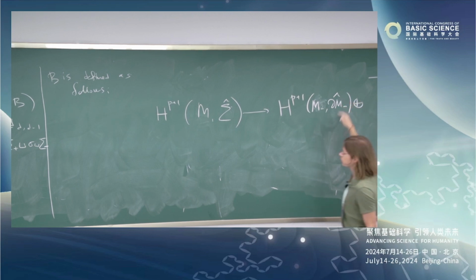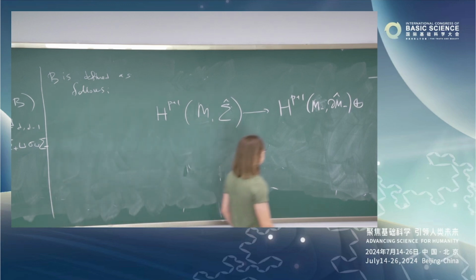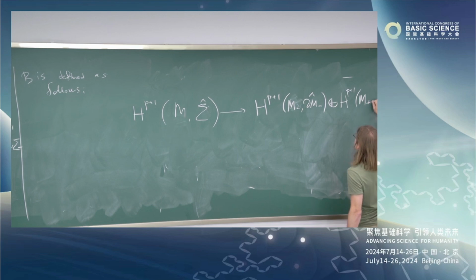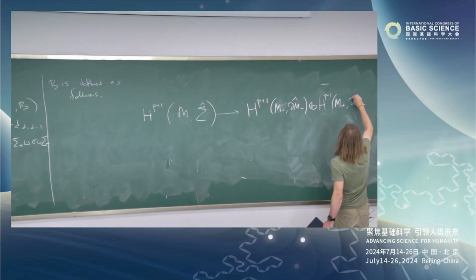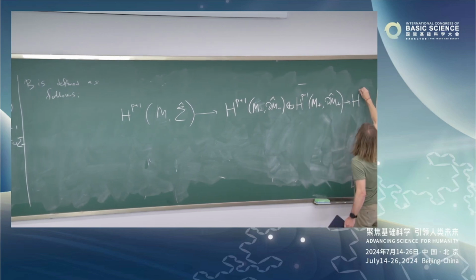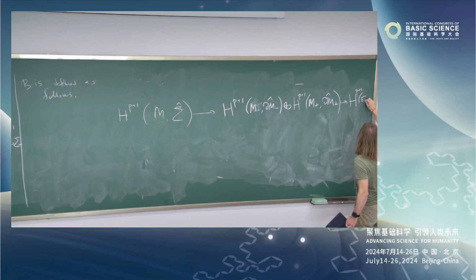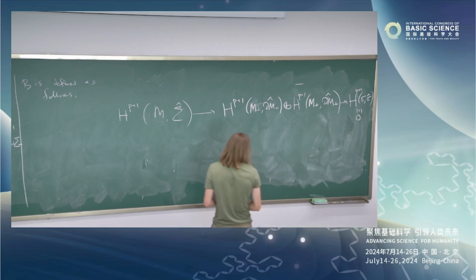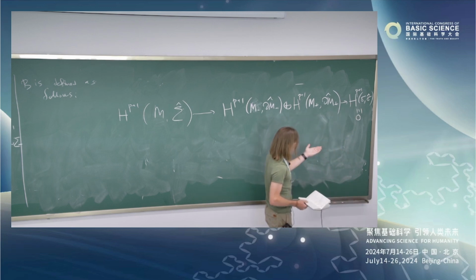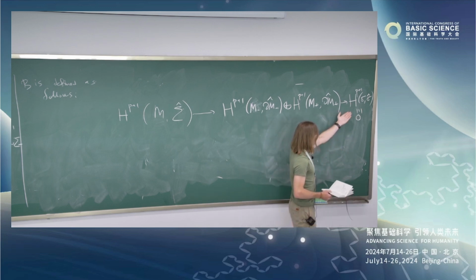Here, hat means I remove the skeleton from this. This part is topologically zero, just because I'm using functoriality, some simple dimensional arguments, and the equivalence between singular cohomology and cellular cohomology.